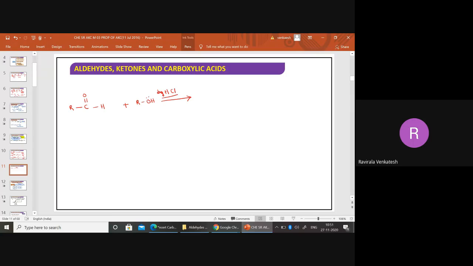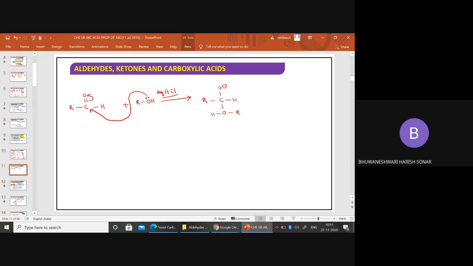Now here the oxygen lone pair attacks on the carbon, same as the previous mechanism we followed. R C O minus hydrogen, and here we get ROH. Now the lone pair of oxygen is donated to carbon. Now will oxygen get a positive or negative charge?